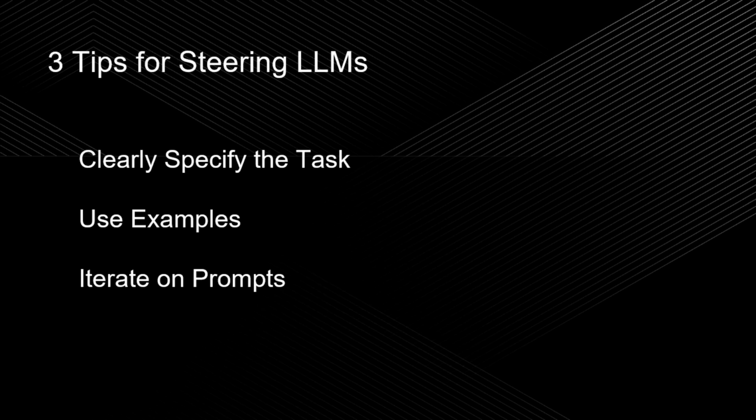Treat prompt engineering as an iterative process. If the initial outputs are not what you wanted, tweak the prompts systematically. Alter the wording, add or remove constraints, provide additional examples. Continuously refine the information fed to the model until the outputs match your intent.